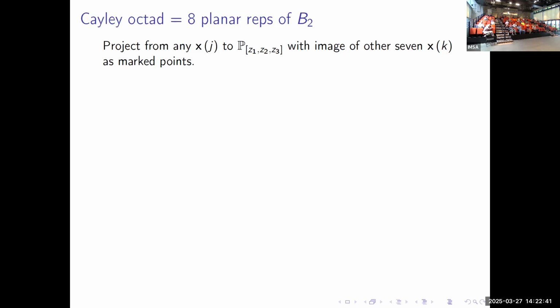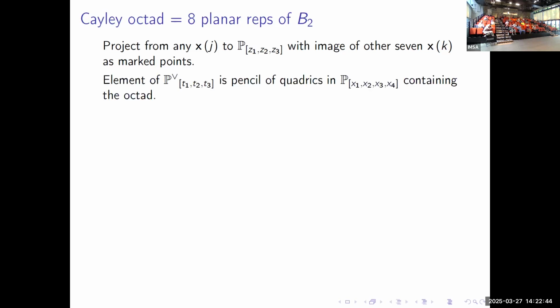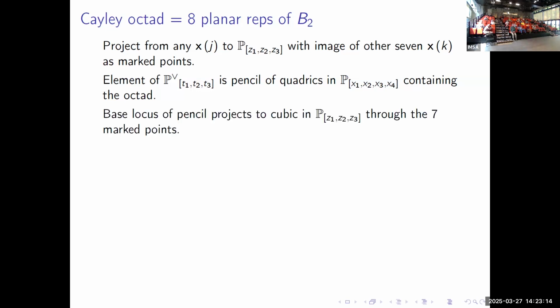That's not the P2 that we talked about before. It goes like this. The element of that P2 we talked about before is a pencil of quadrics in the P3 containing the octad.